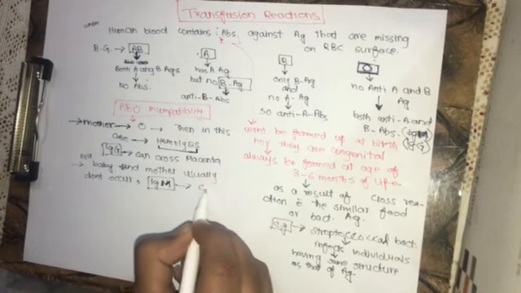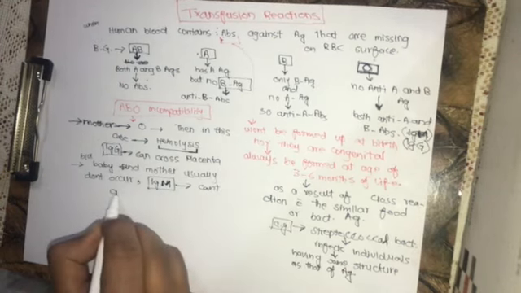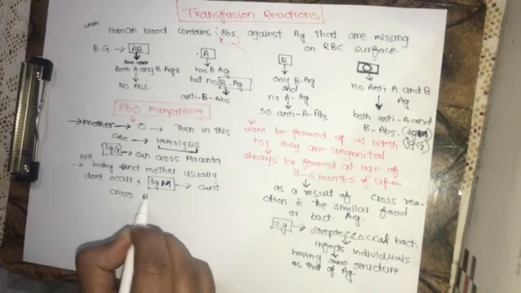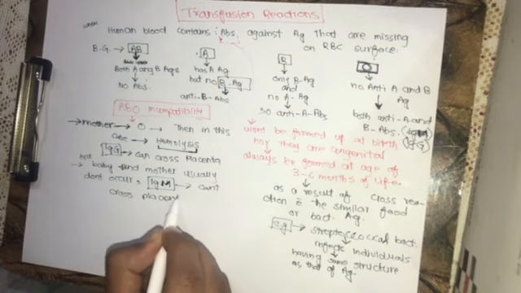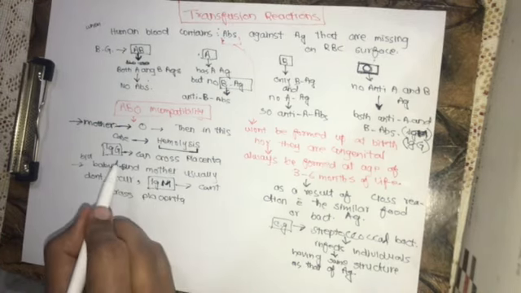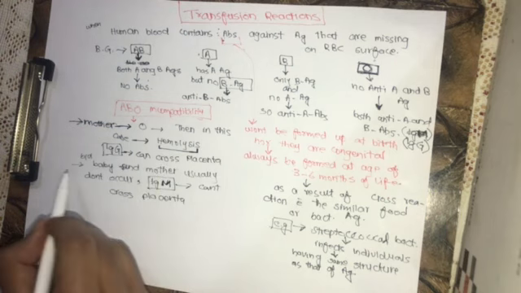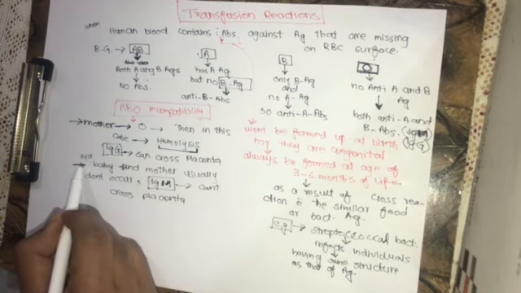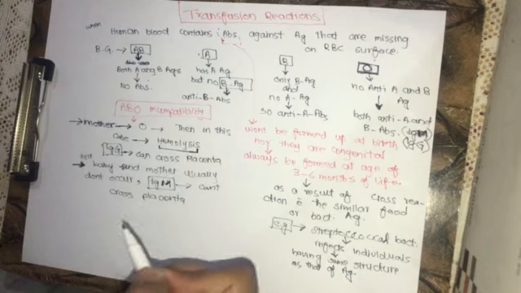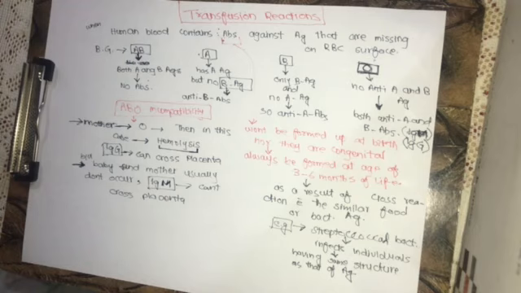This IgM can't cross the placenta. So ABO incompatibility in this case usually doesn't occur, because IgM antibodies are formed which can't cross the placenta.